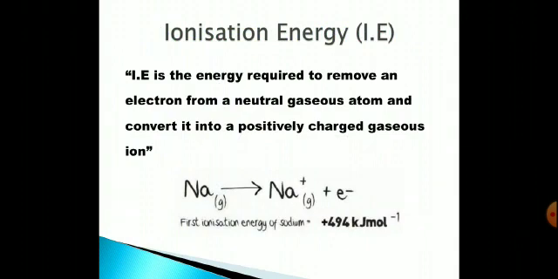So, to remove an electron from an atom, it requires energy, and this energy is known as ionization energy. This is an atom. If we provide ionization energy to an atom, an electron is removed. So, we are left with the positively charged ion. Here I gave one example, sodium. Sodium, when it loses one electron, becomes Na plus ion. The energy we give is known as ionization energy.